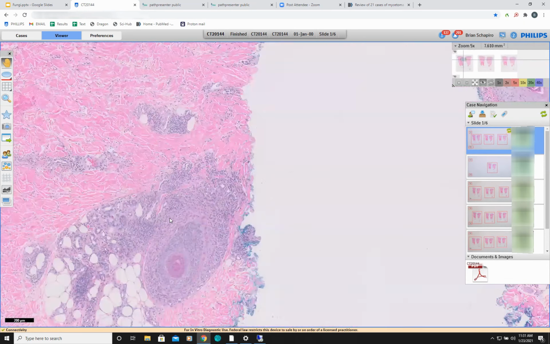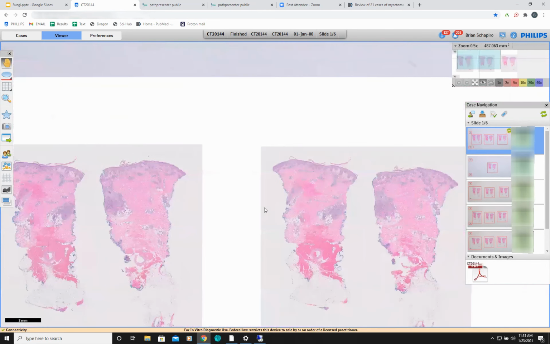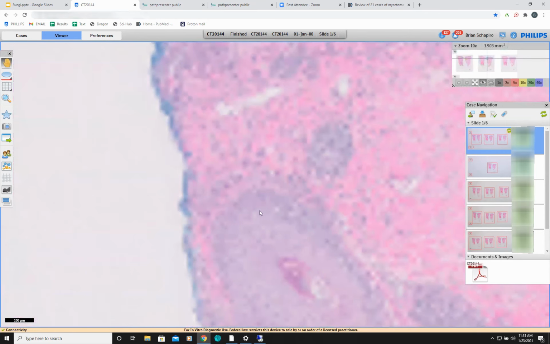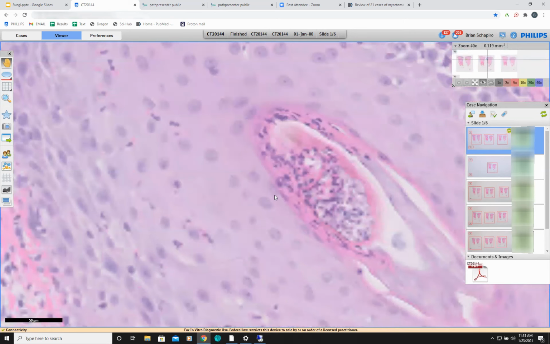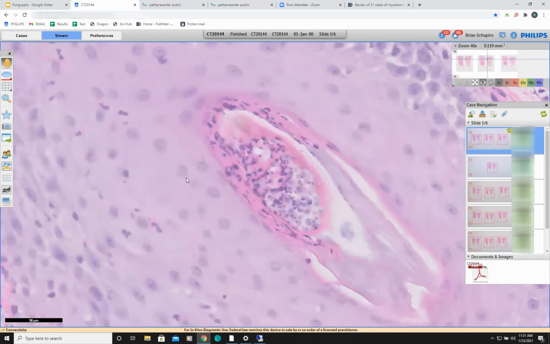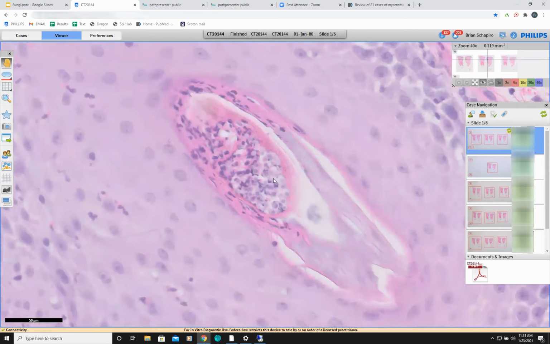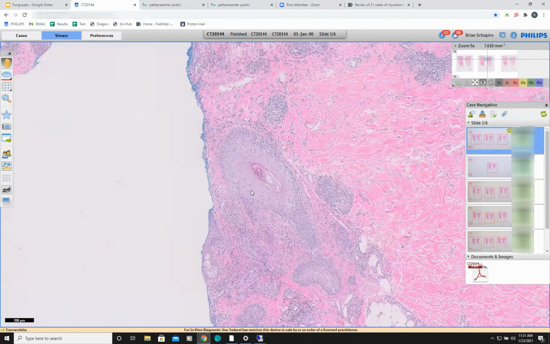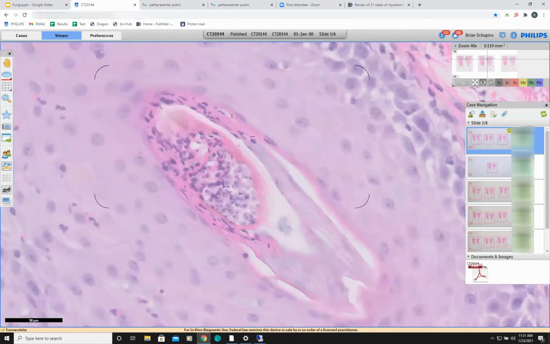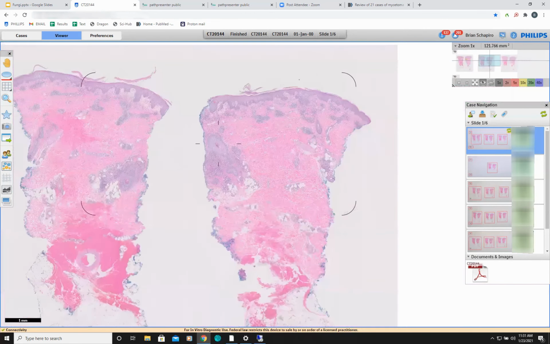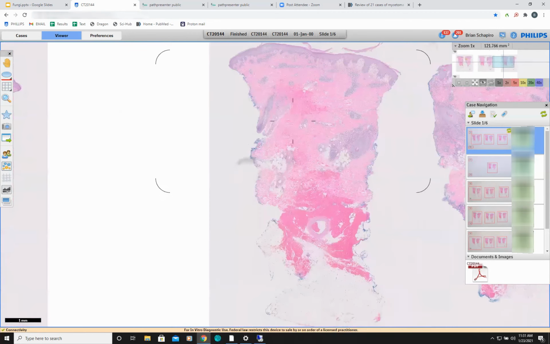lymphohistiocytic infiltrate, and when you look carefully, there are these organisms, fungal organisms in the hair. So this is endothrix. So for boards, you have to know which are the organisms, and it's the Trichophyton tonsurans organisms which are most common.